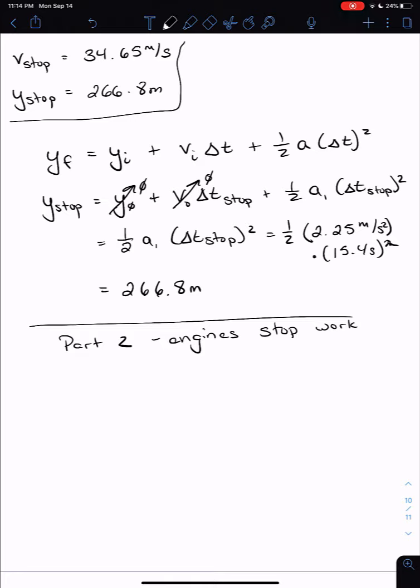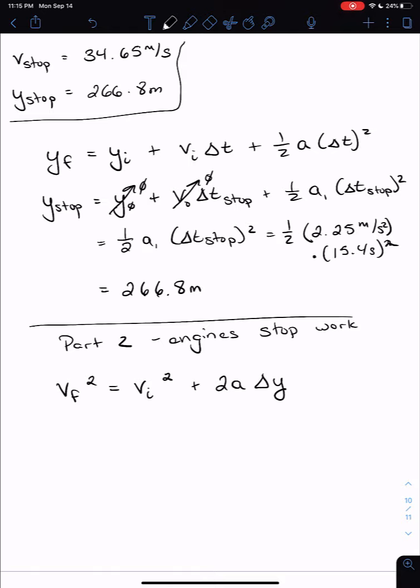We don't have a time and we actually don't need to go through and calculate a time. So I can use the kinematic equation that involves the final velocity squared equal to the initial velocity squared plus 2 times the acceleration times the change in position.